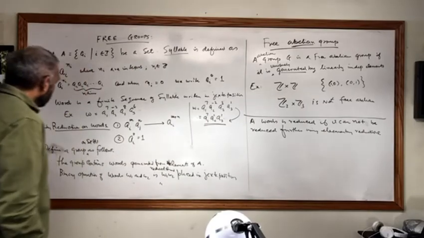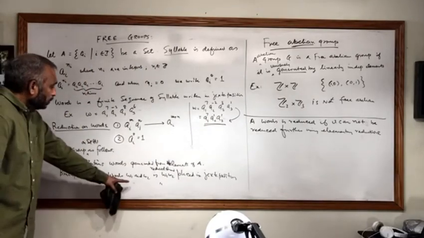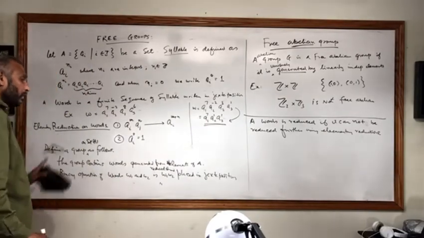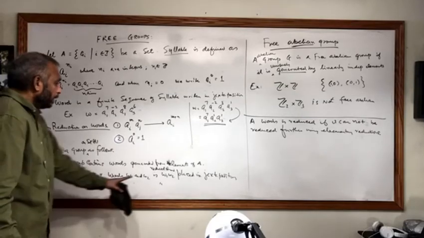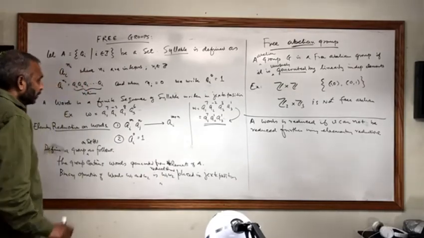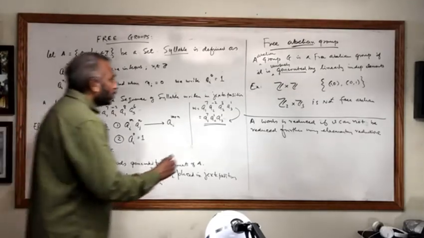Okay. So W1, W2 is the reduced form of W1, W2. So that is how we define this group.